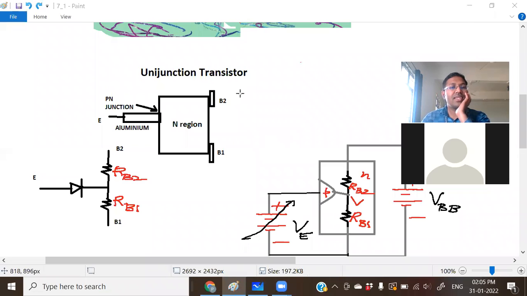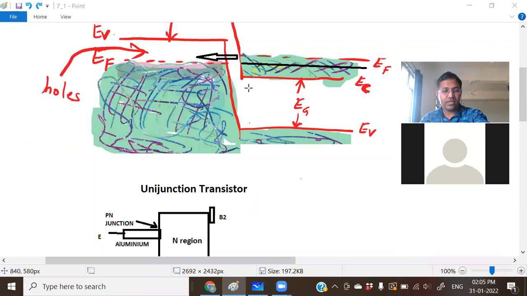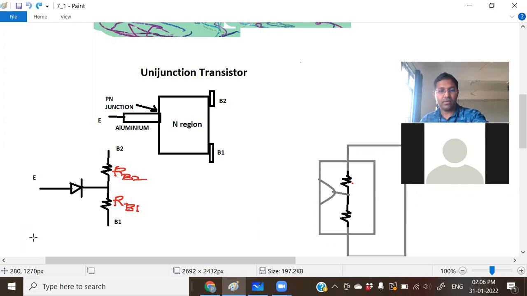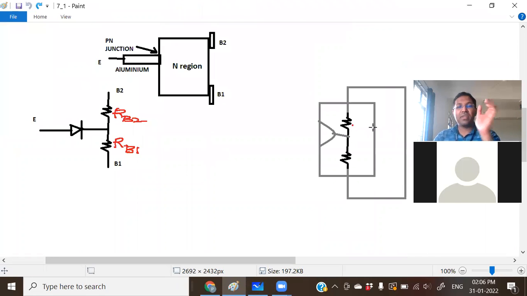We have a PN junction and two resistances that we can symbolically represent like this.